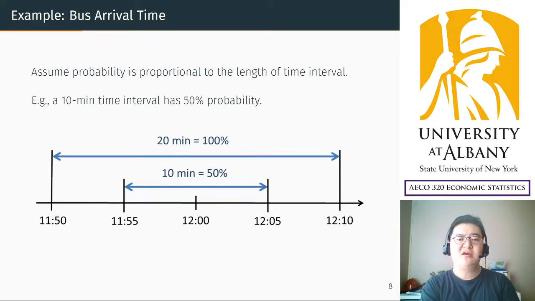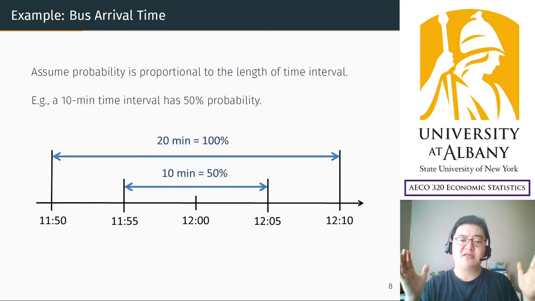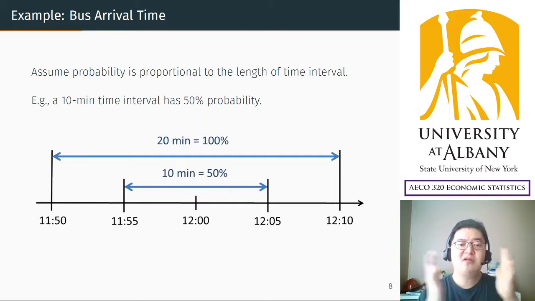Then additionally, I will assume that the probability is proportional to the length of the time interval. So it is 100% for the bus to arrive within 20 minutes, plus or minus 10 minutes. Then what is the probability for it to arrive within plus or minus 5 minutes?